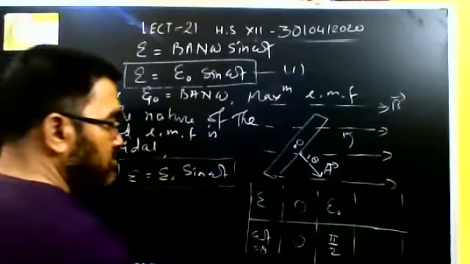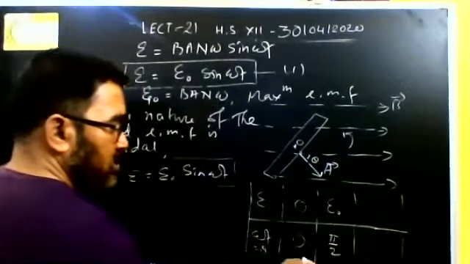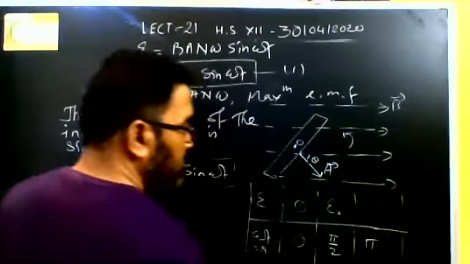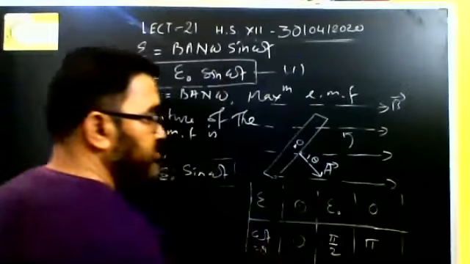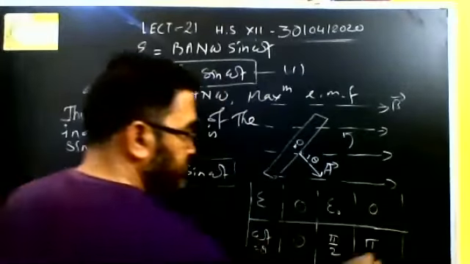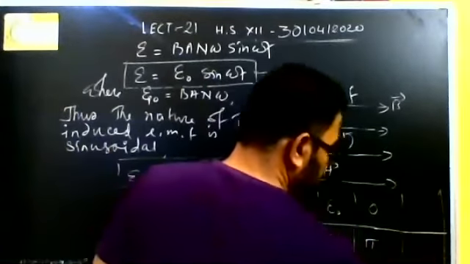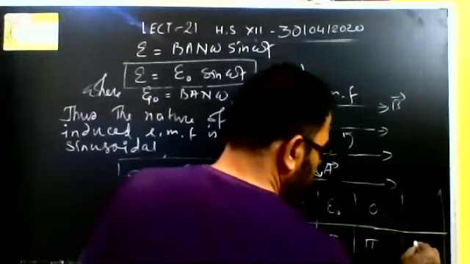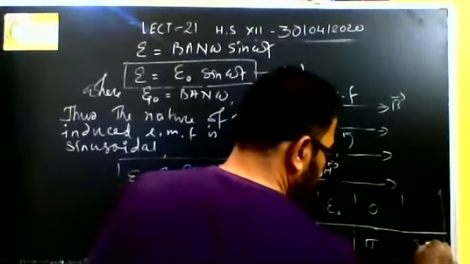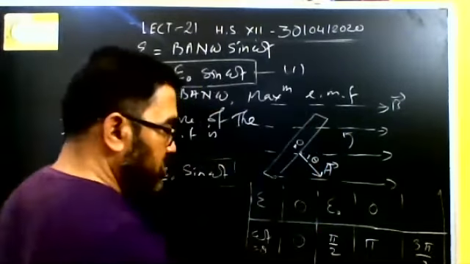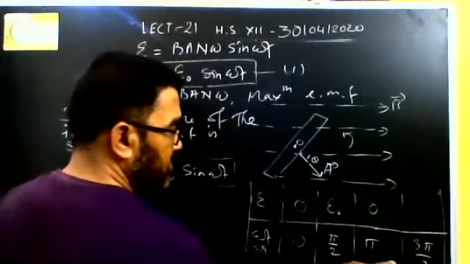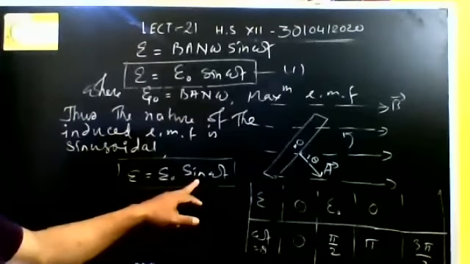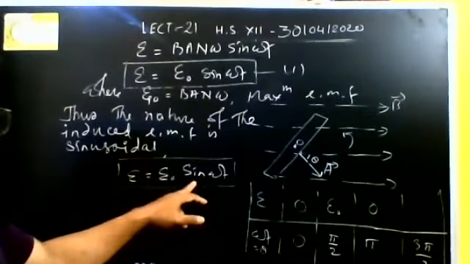So again, you come to 90 degree, then 180 degree. What will happen? It will be again 0. Then 270 degree, that is three times pi by 2. If theta is equal to 270 degree, what will happen? Sin 270 degree is equal to minus 1.